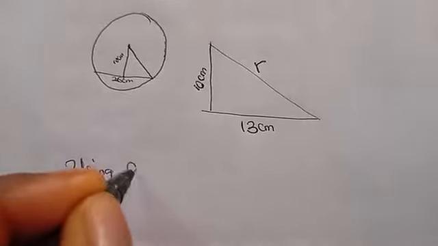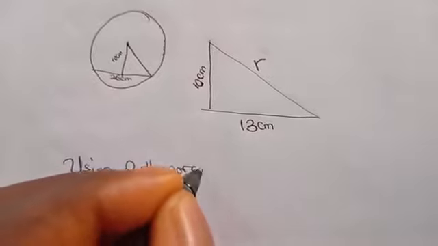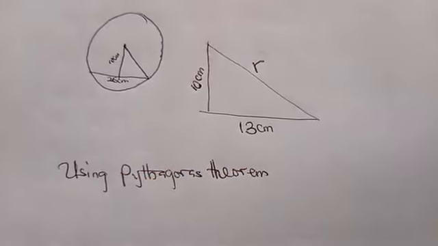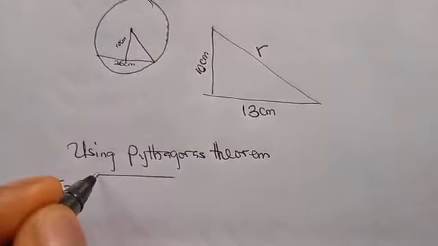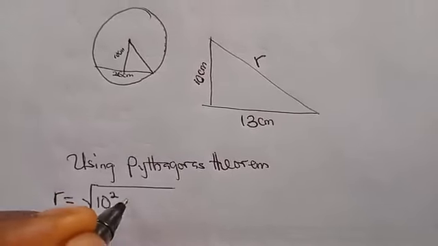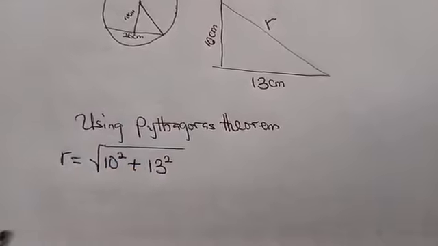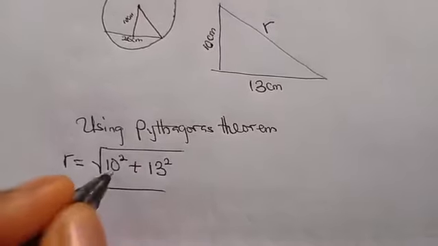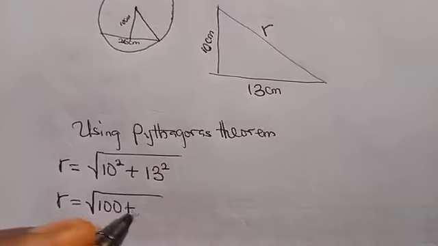Using Pythagoras theorem, r will be equal to the square root of 10 squared plus 13 squared. And that's equal to the square root of 10 squared is 100, 13 squared is 169.